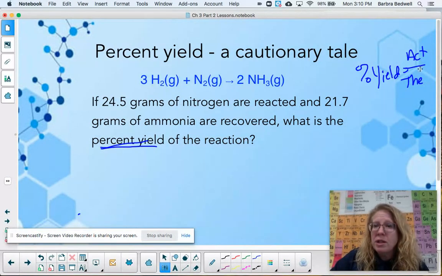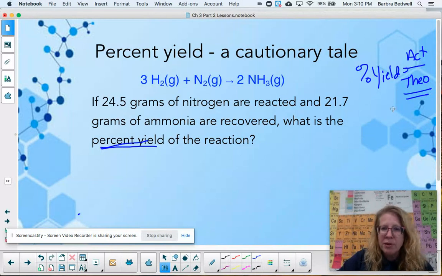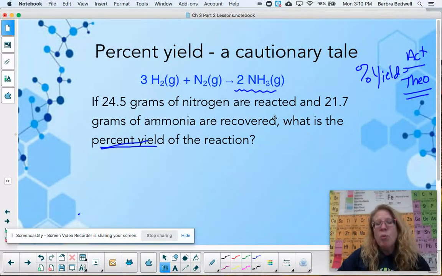Our theoretical yield is stoich. You have to do a stoich problem almost every time first. We need to know what this is supposed to be before we calculate what our percent yield was. We have not figured out our theoretical yield yet.